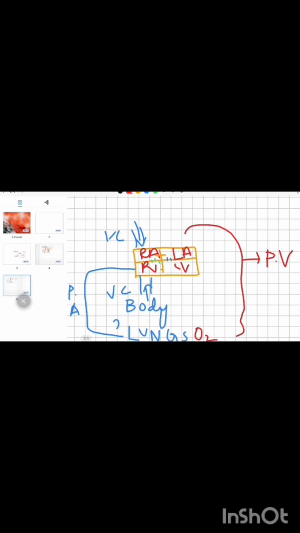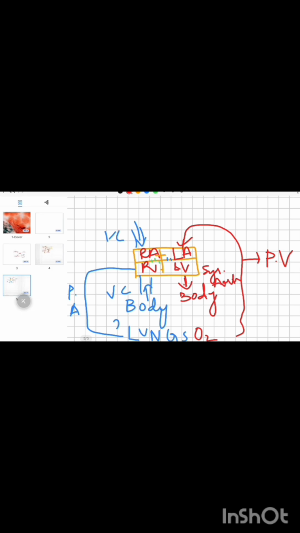All other veins in the body carry deoxygenated blood. So now this pulmonary vein empties into the left atrium, then to the left ventricle, and this left ventricle again pumps blood to all parts of the body through systemic aorta. That's it.